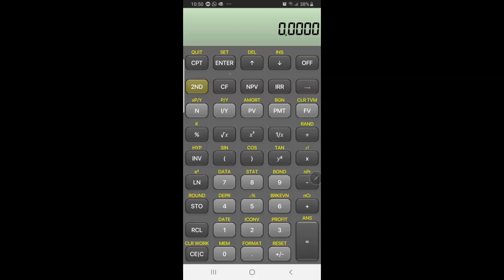So the key which we are going to use is the cash flow key. Let's use this cash flow key. So what is the cash flow for the project? Let's do project 1, that is project A. You have 420,000, right? Make sure that this is an outflow, and it is represented by a minus sign.